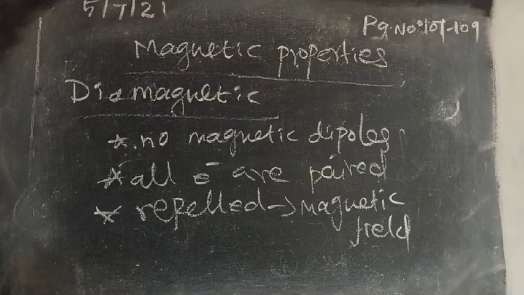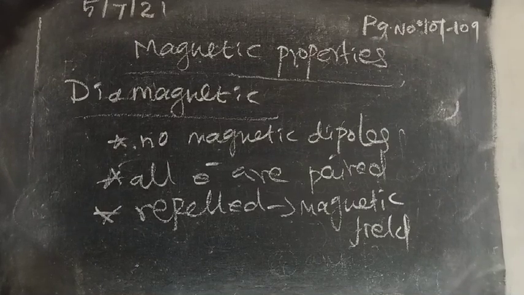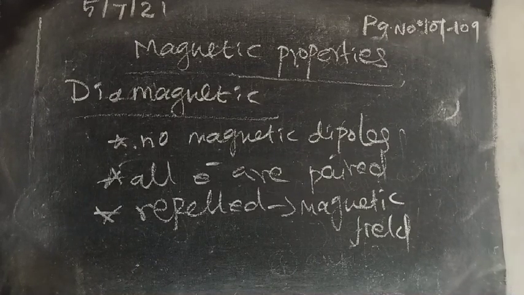Due to magnetic induction introduced in the material, which generates a weak magnetic field that opposes the applied field. Due to that opposition, they are repelled by the external magnetic field.